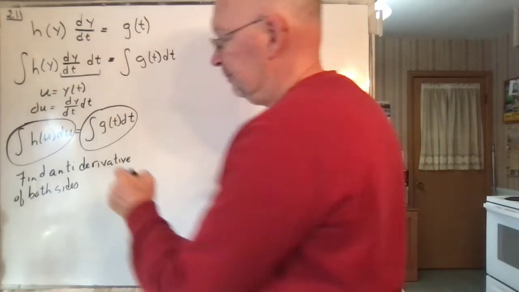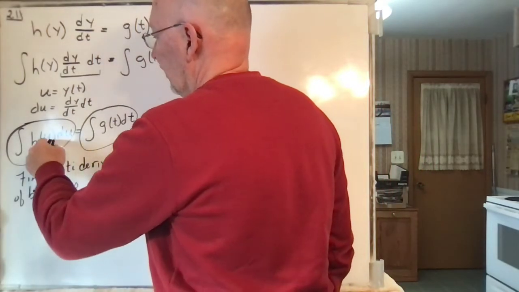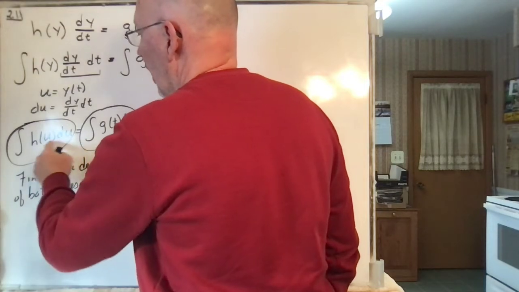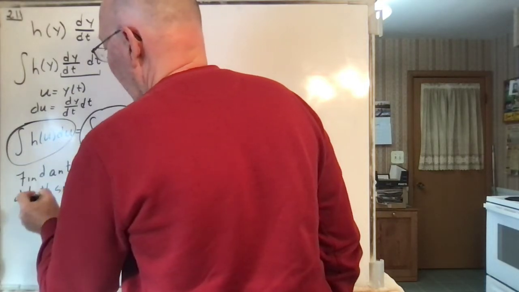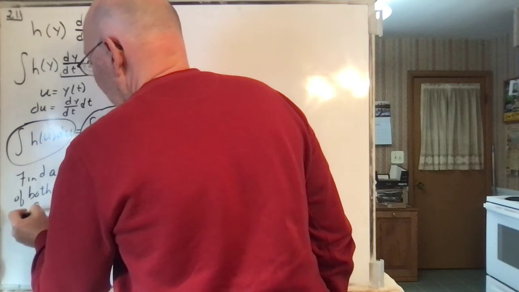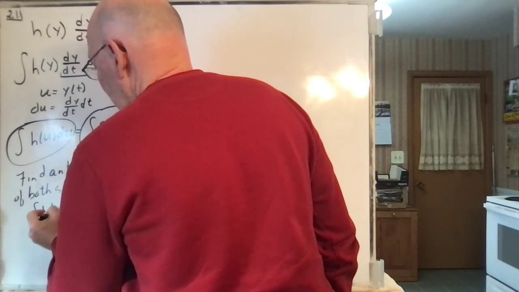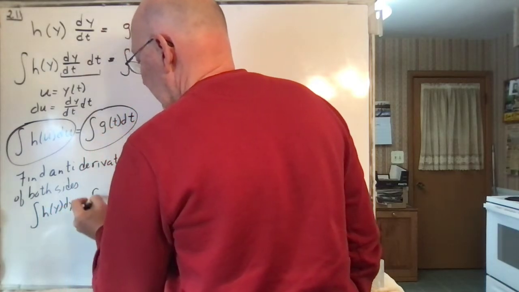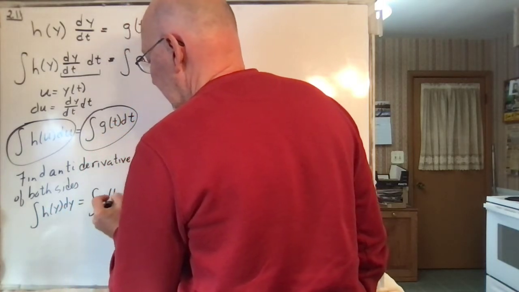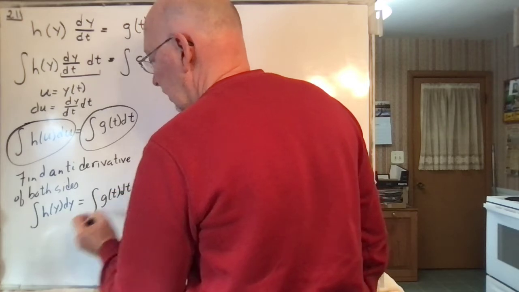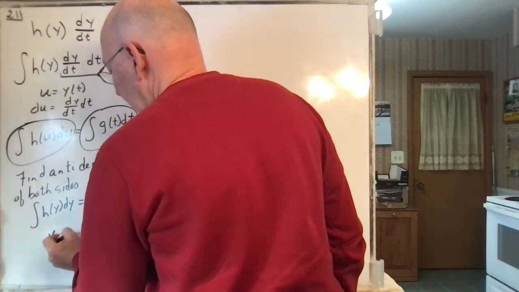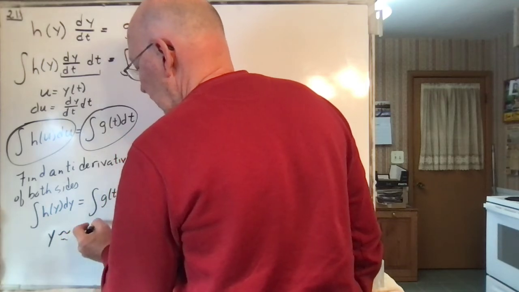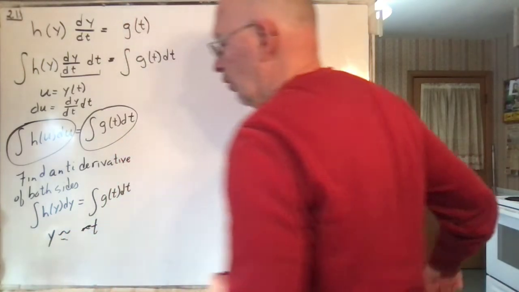So if you want to, you can write this as h of y dy here is equal to the antiderivative of g of t dt here, and here you're going to have some function of y, and here you're going to have some function of t, and you go from there.